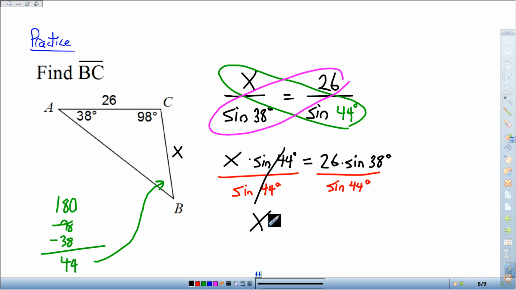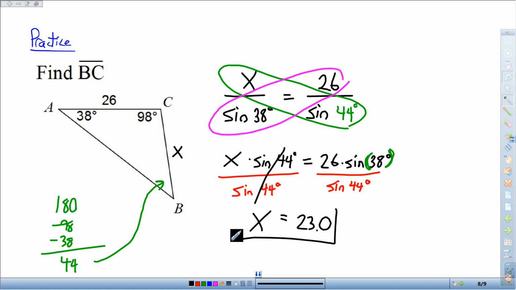So we get x equals 26 times sine 38, and just to make it obvious, I'm putting big, thick parentheses right there to remind myself to close them. So 26 times sine 38, close parentheses, divided by sine 44. That's 23.04, so that 0 is not rounded up, 23.0.